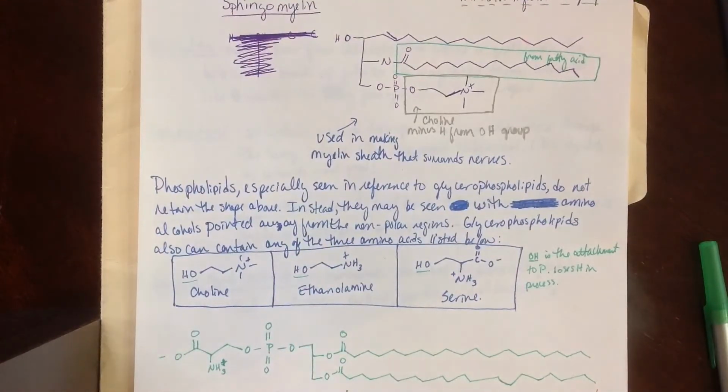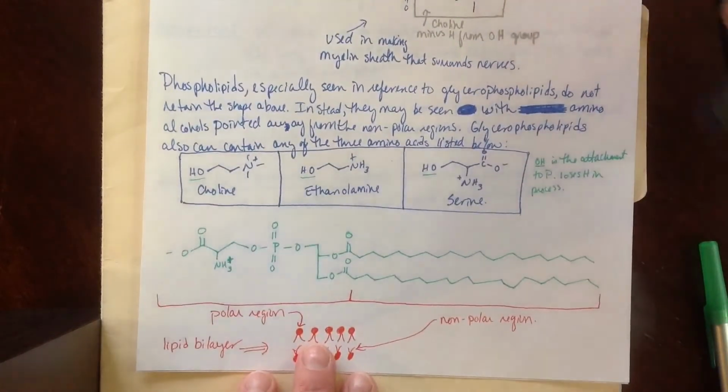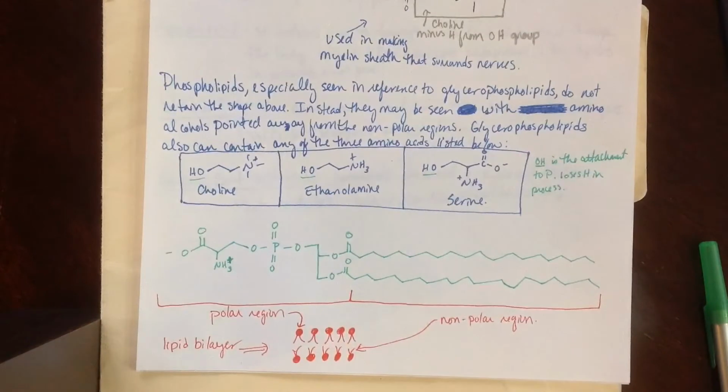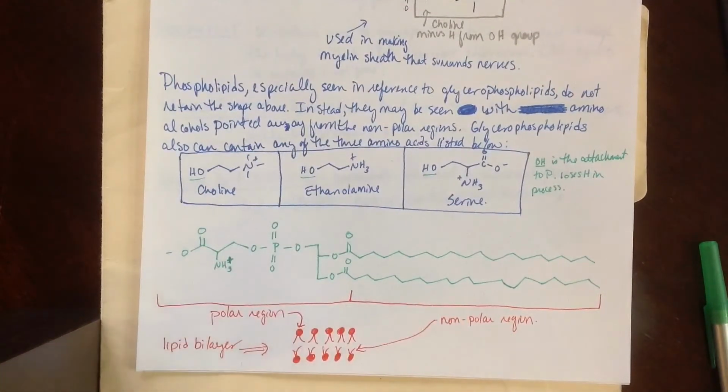And what this actually creates are two regions of this molecule. We have a whole section over here that's highly polar, not just a little bit polar like the lipids we were talking about. We're talking about highly polar on this side. We've got negative charges, we've got oxygens everywhere, and then we have this nonpolar region.